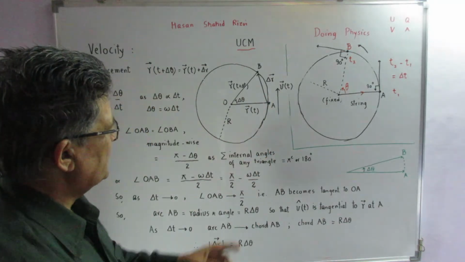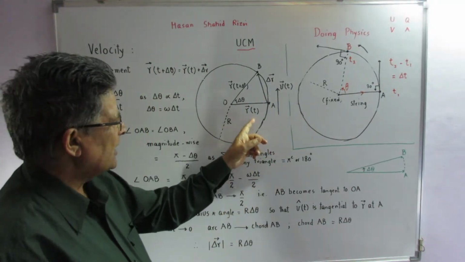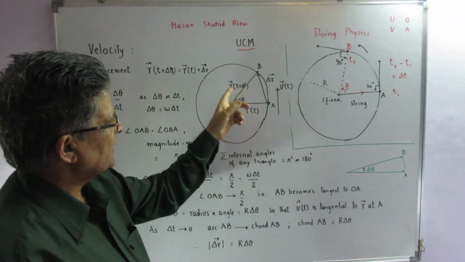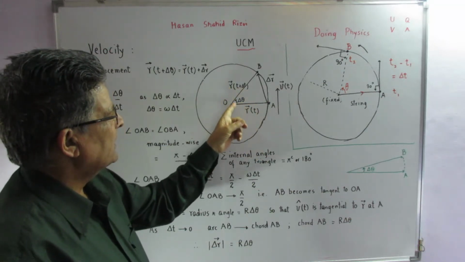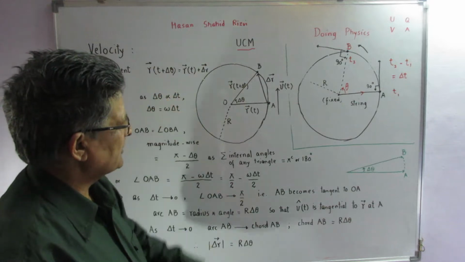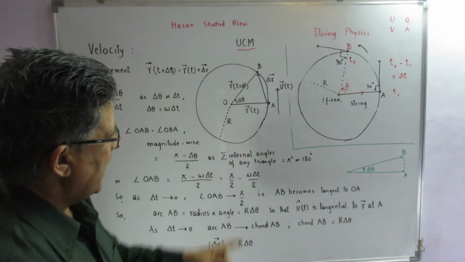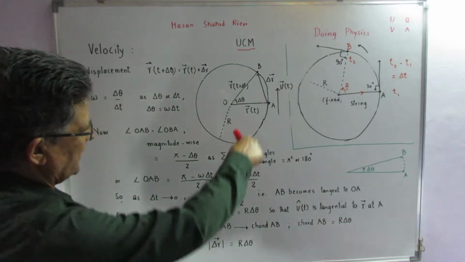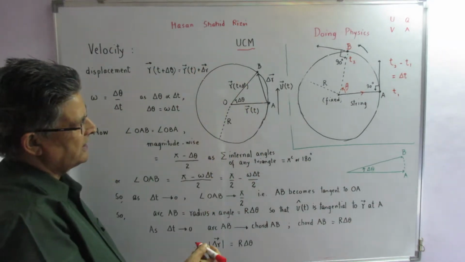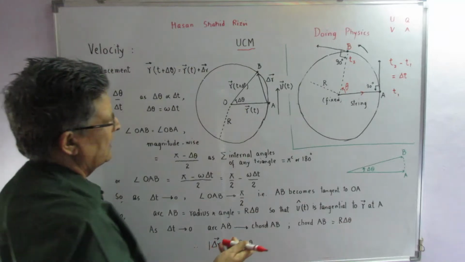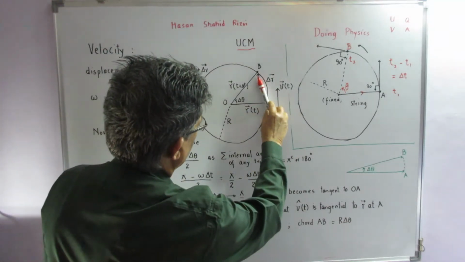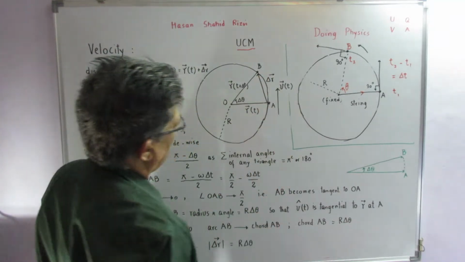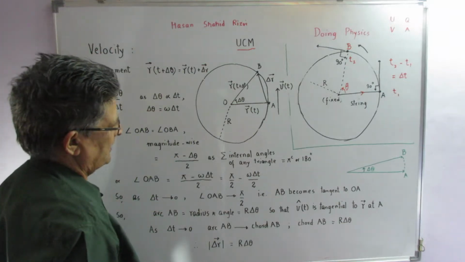This is the displacement vector at time t, and after a certain time delta t that has elapsed, the vector takes this direction. Okay, and it has traversed an angle of delta theta as per the diagram which I have made, and there is a change in the displacement of the vector, and that is delta r.